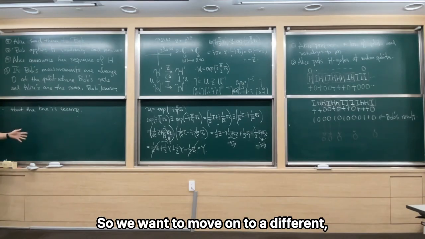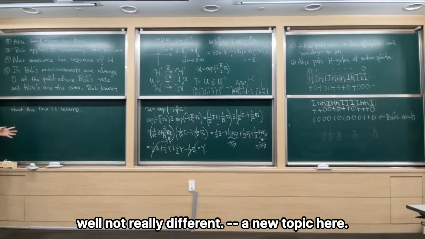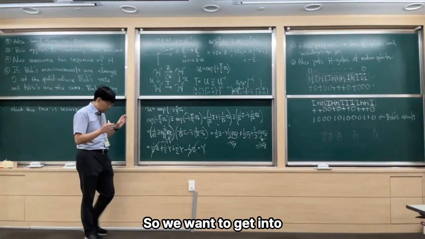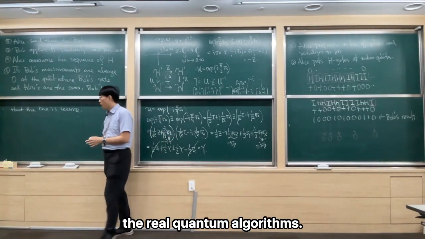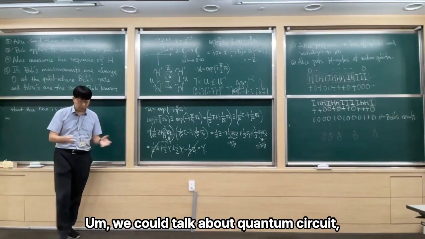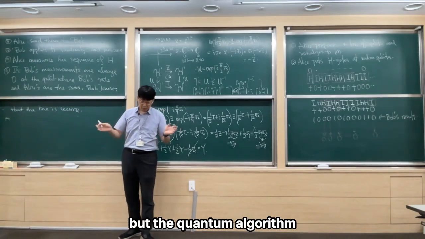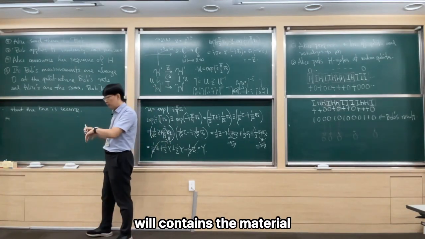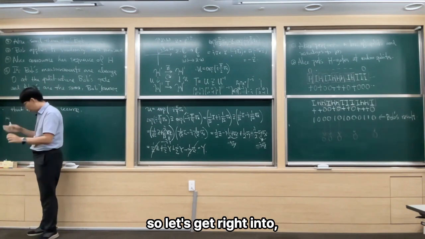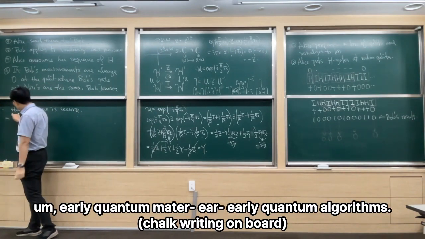So we want to move on to a new topic here. We want to get into the real quantum algorithms. That's the fun part. We could talk about quantum circuits, but the quantum algorithms will contain the material that we need to know about the quantum circuit. So let's get right into early quantum algorithms.